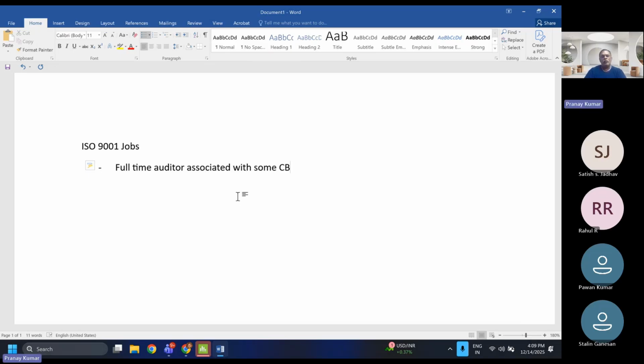Here, you are only looking at conducting audits. So, for example, TUV or some certification body will use your expertise in conducting external audits. Those could be certification audits, surveillance audits, and recertification audits.